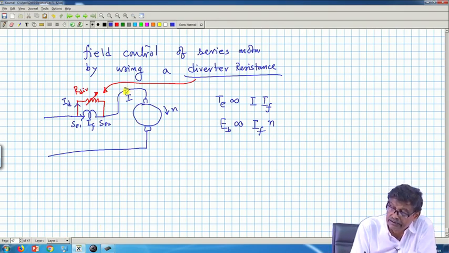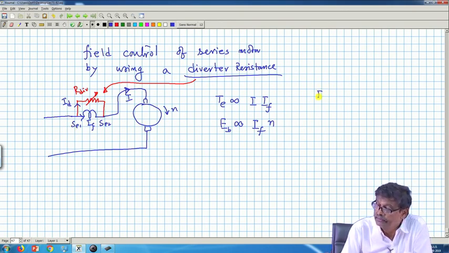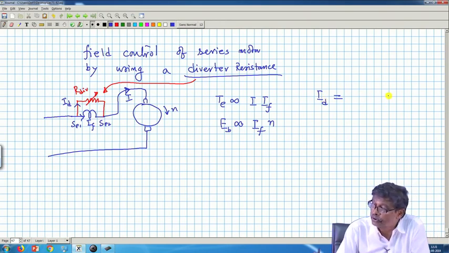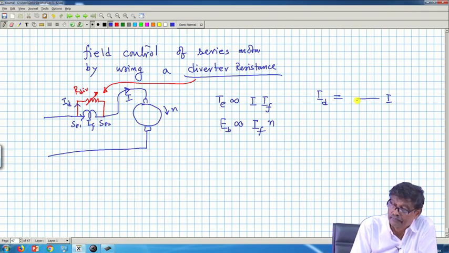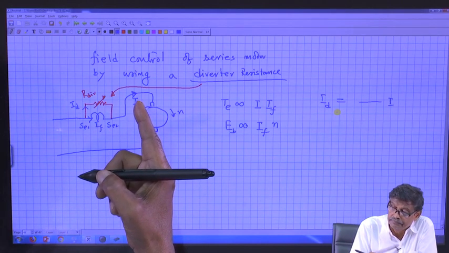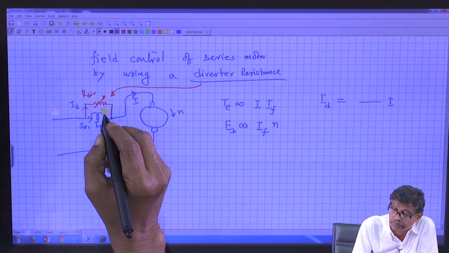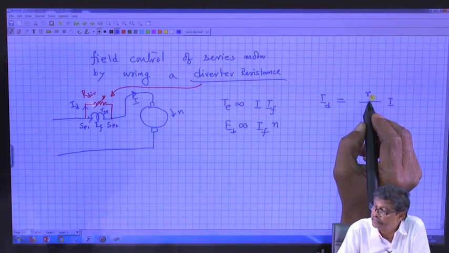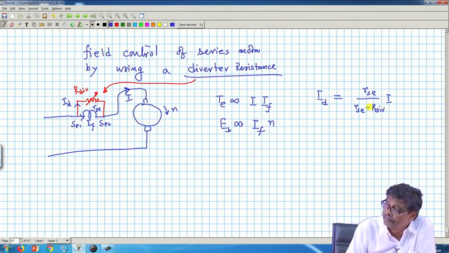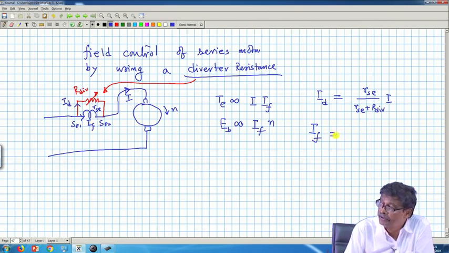If the total current is I, then ID, the current through this diverter resistance, will be the total current into RAC divided by RAC plus R diverter, that is also a small resistance with high current rating, and your IF will be equal to the total current into R diverter divided by the sum of these resistances.